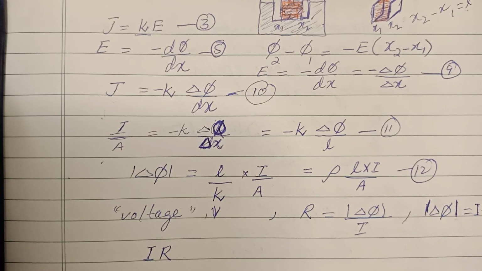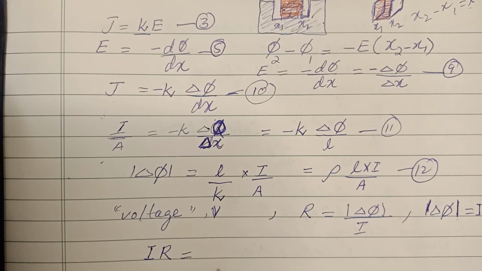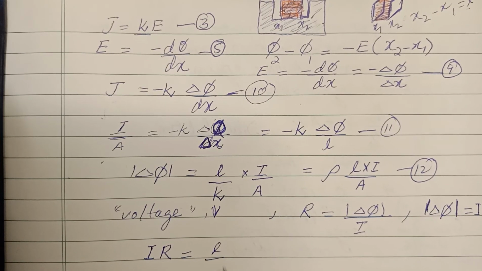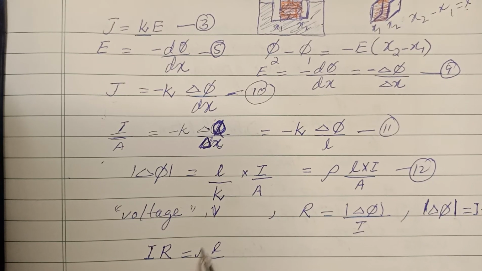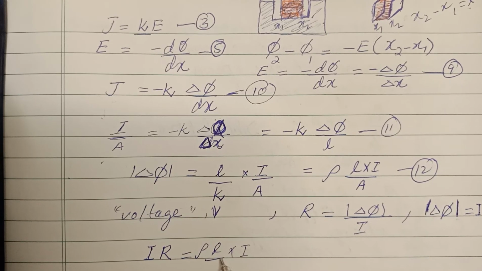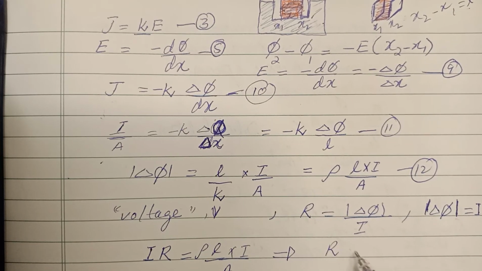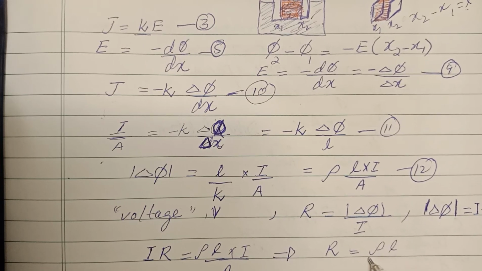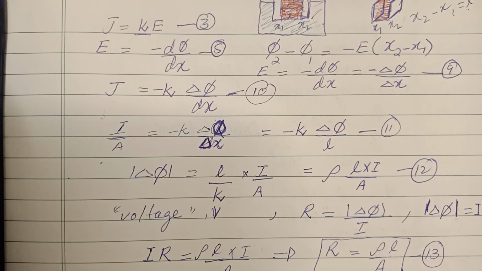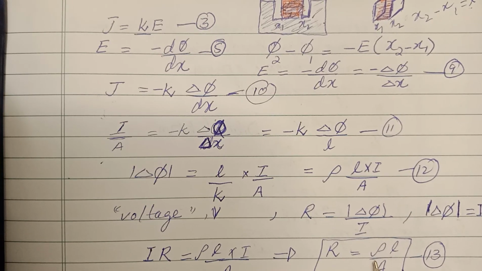So equation 12 is redefined as equation 13, which is showing the relation of resistivity with resistance, or the electrical resistance of the solution.